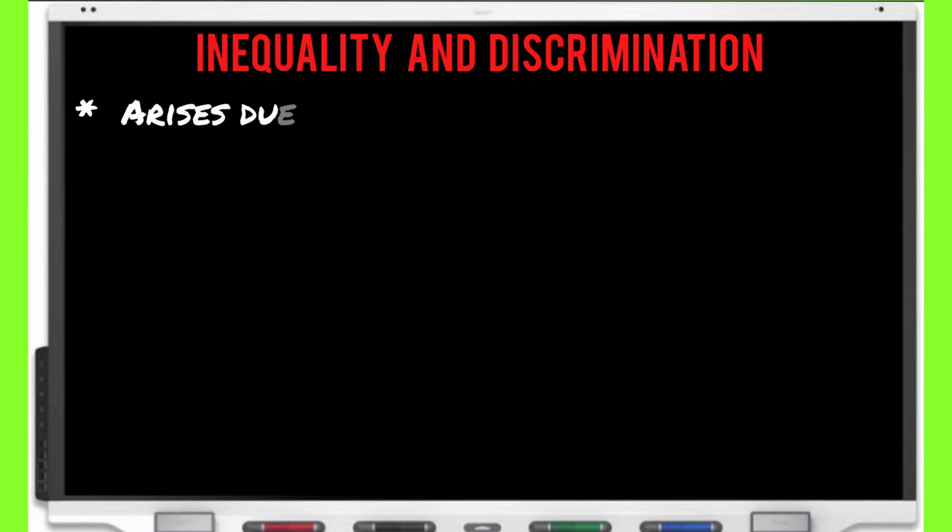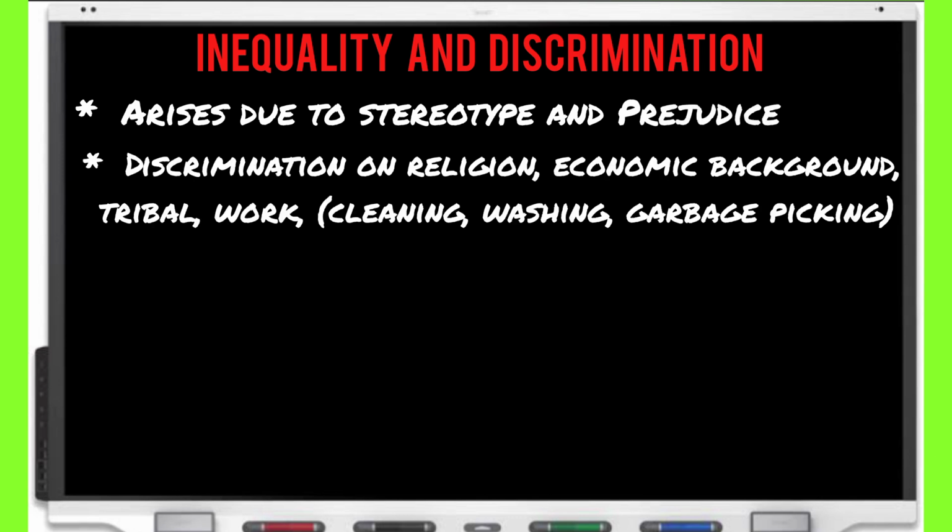The next thing we are trying to understand is inequality. Now discrimination can be based on religion. It can be based on economic state, the poor and the rich, and on tribal and non-tribal populations.